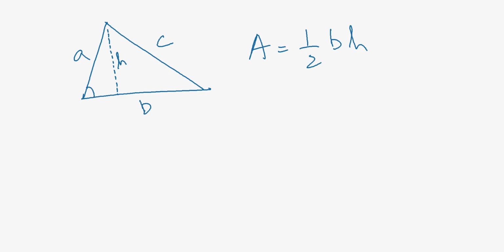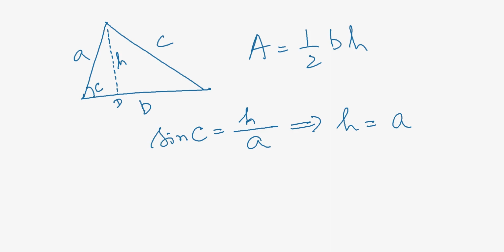In that case, if the angle C is given, call this point D. Then sine C is the opposite side over the hypotenuse a, isn't it? So the altitude is nothing but a sin C.